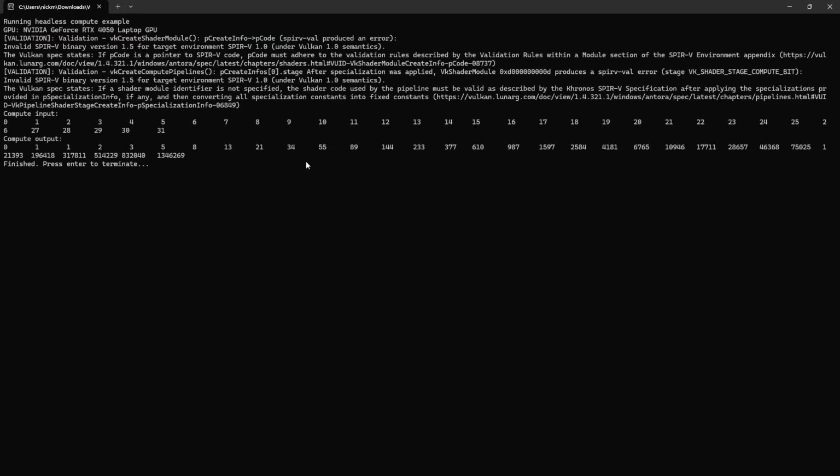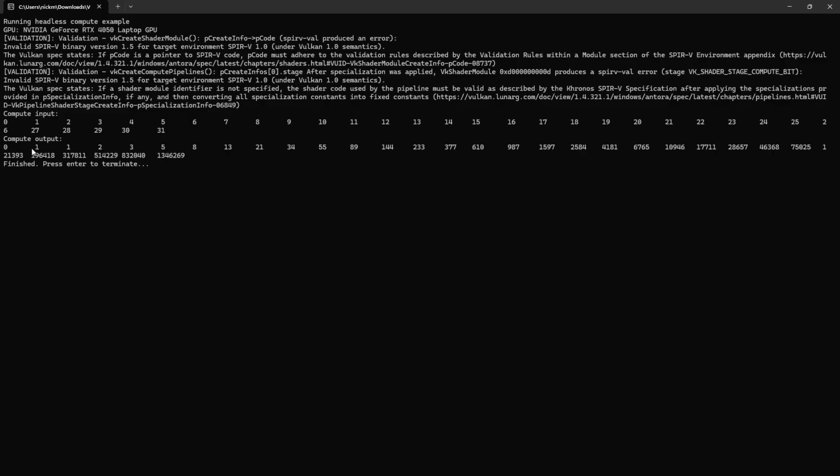We input a bunch of numbers, which is largely irrelevant, but we're basically adding a series of numbers. We start at zero, and then the next number is one, and after that we just add the two previous numbers to get the next number.